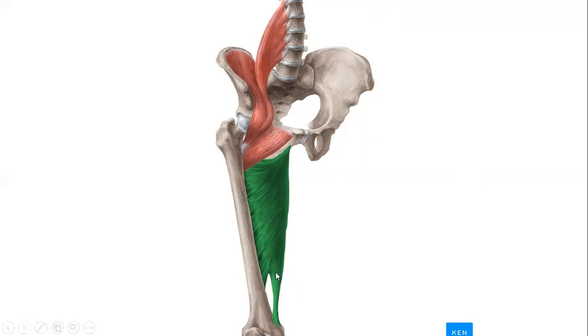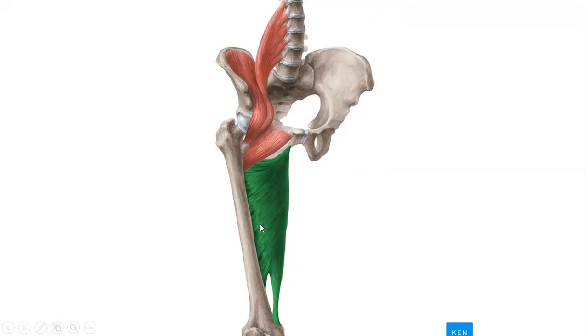Secondly, we have the hamstring attachment, which gets attached over the adductor tubercle located superiorly over the medial condyle of the femur, and this attachment is tendinous in nature.